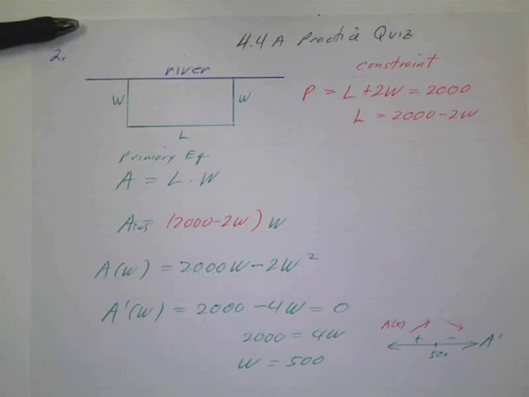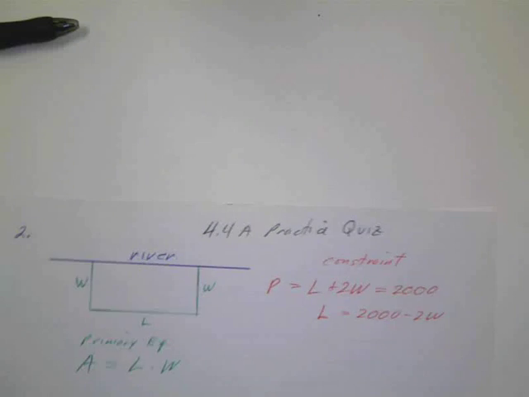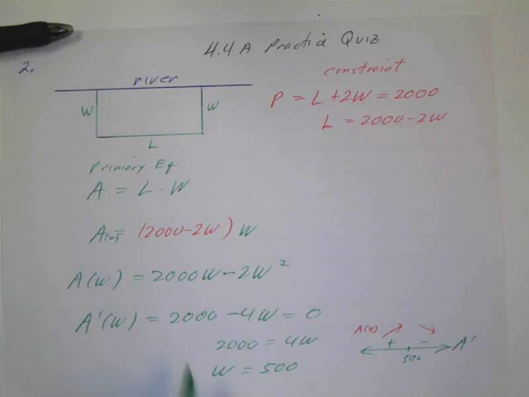So that's my width. How do I find the length? Well, the length is equal to, right up here, 2,000 minus 2W is L, right? So L equals 2,000 minus 2 times 500, which is 2,000 minus 1,000, which is 1,000.